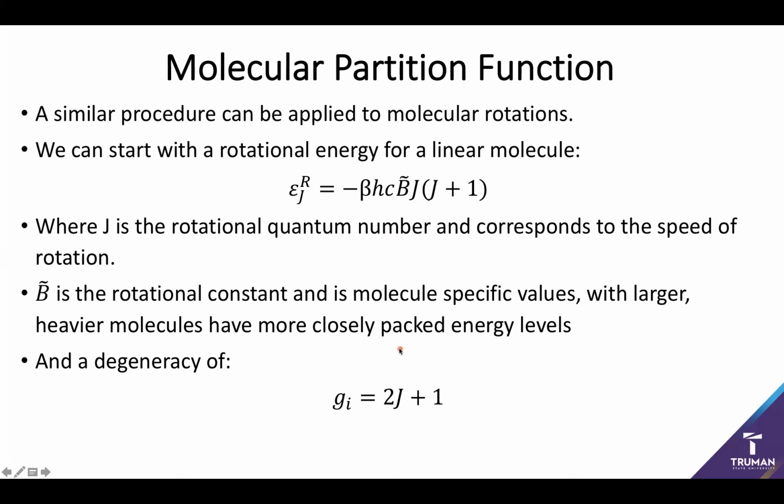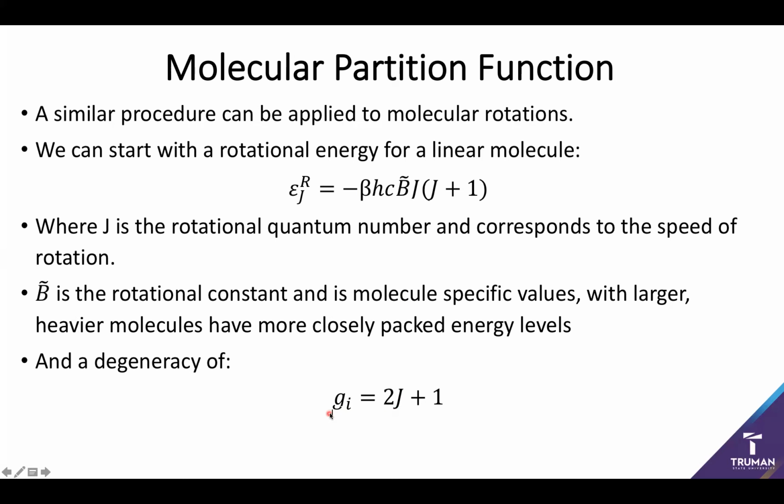Because it turns out that as J increases and you have faster and faster rotations, the directions of those rotations also increase because it's now more possible to get rotations in, say, not just the x direction, but x, y, y, z, essentially kind of cutting corners around this idea of rotating about a sphere. So as the energy levels go up, we're going to pack the energy levels tighter and tighter.